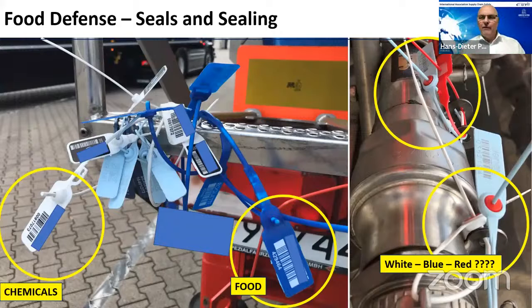And this is the nicest photo I have ever seen. On the left side, a silo truck, and it has a lot of, I don't know, used or not used seals on it, and they carry the names of chemical companies, food companies, feed companies, everything is mixed.